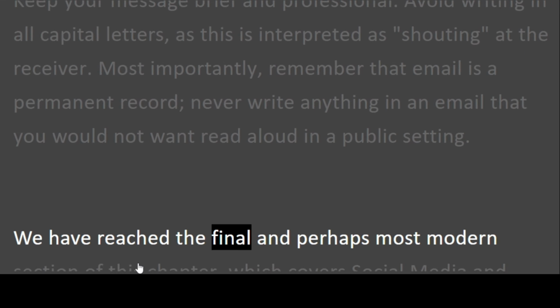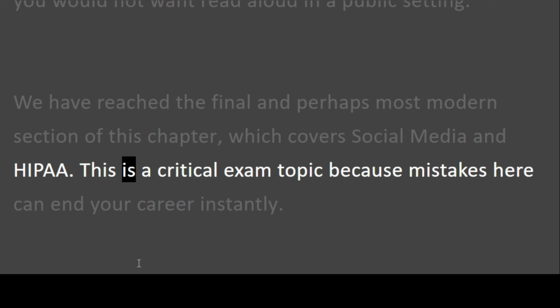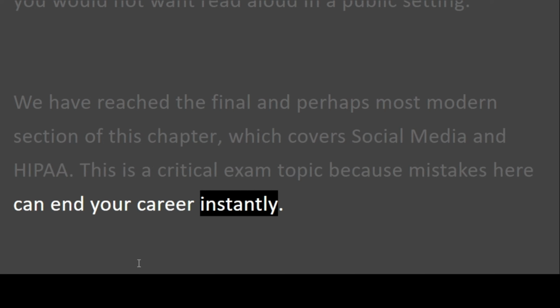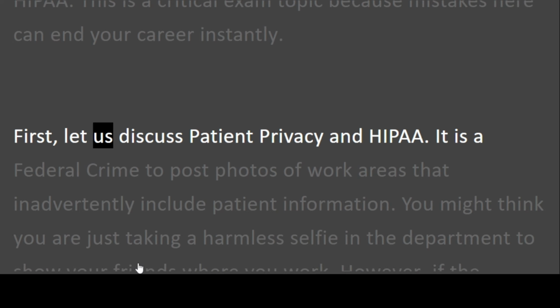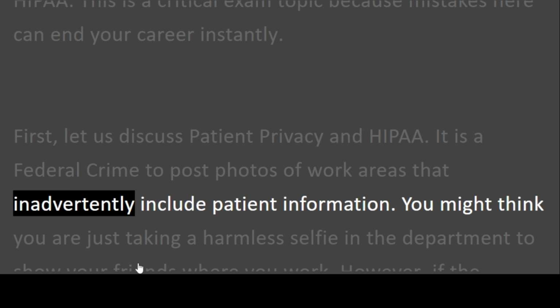We have reached the final and perhaps most modern section of this chapter, which covers social media and HIPAA. This is a critical exam topic because mistakes here can end your career instantly. First, let us discuss patient privacy and HIPAA. It is a federal crime to post photos of work areas that inadvertently include patient information.